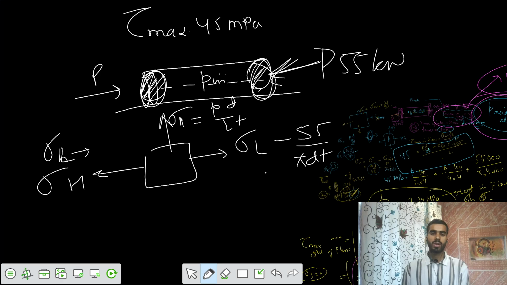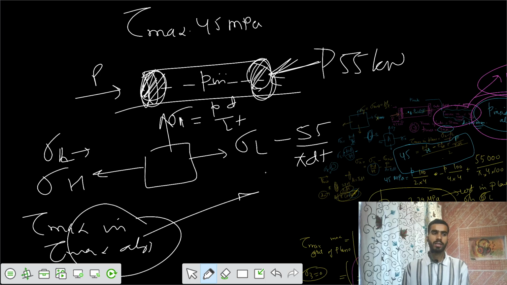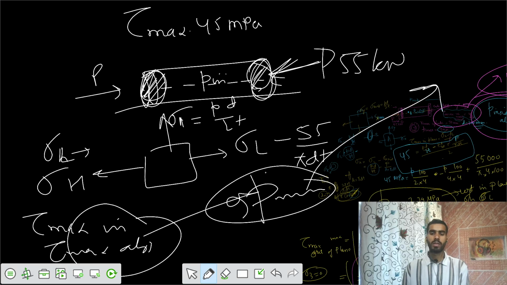Based on this, if I equate that with the tau max in plane and tau max absolute, I can get some values of P. The minimum value we would take as the allowable internal fluid pressure.